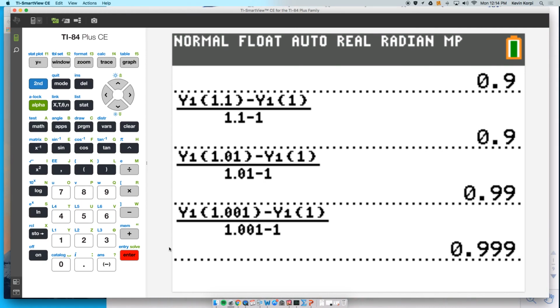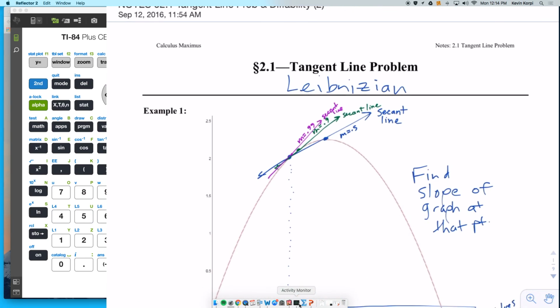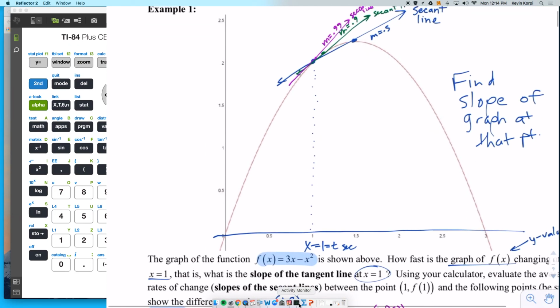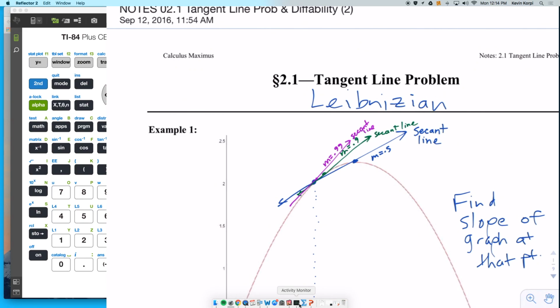So part E now, if you want to answer this question, based upon your mathematical evidence above, how fast is the graph changing at x equals 1? Does it appear to be approaching at least? 1, yeah. So it appears to be that the graph is at that instant, at x equals 1, it appears that at that exact instant, the graph is going up 1 unit for every 1 unit going to the right.